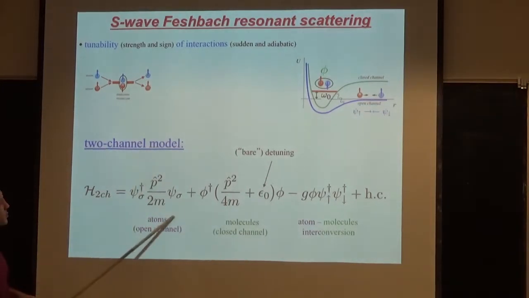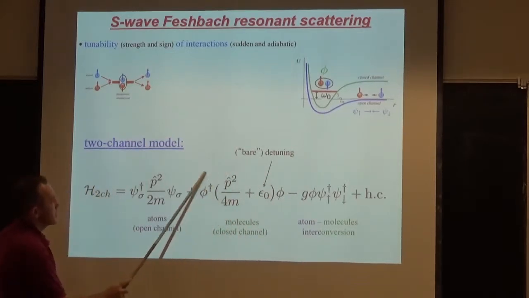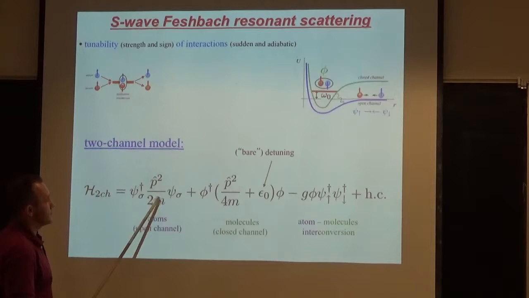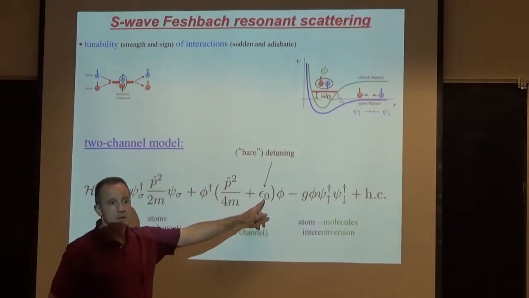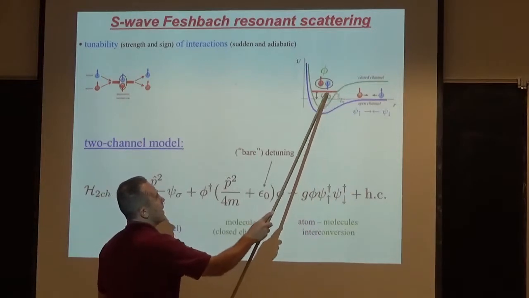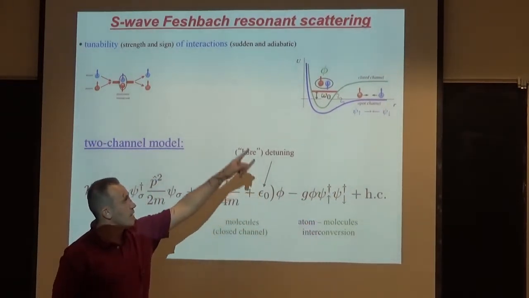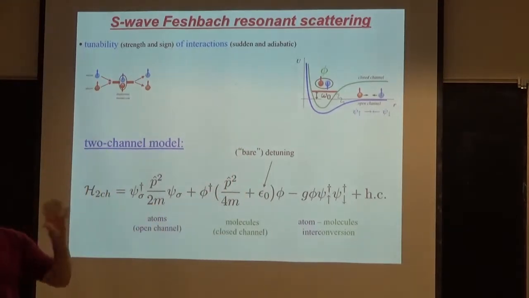So there's a kinetic energy for the two fermions here. There's a kinetic energy for the boson. Its mass is twice the mass of the fermions. There's a parameter that captures the relative energy of this guy relative to the zero continuum. I call it epsilon zero rather than omega zero because omega zero is a physical observable that's actually related to the scattering length.